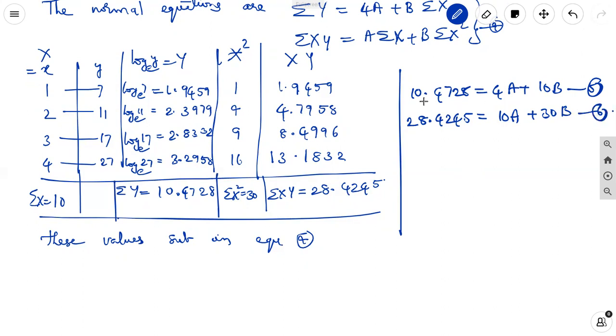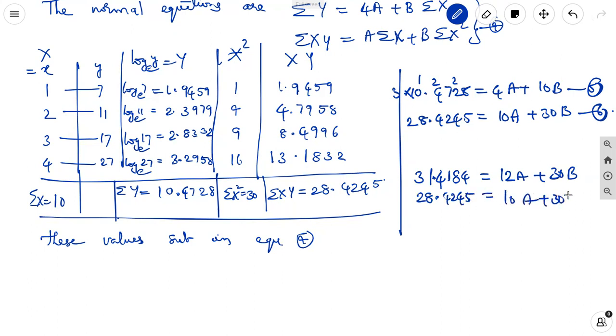Here, the fifth equation is multiplied by 3. So 3 times 10.4728 is 31.4184, equal to 4 times 3, 12A, plus 10 times 3, 30B. And 28.4245 equal to 10A plus 30B.